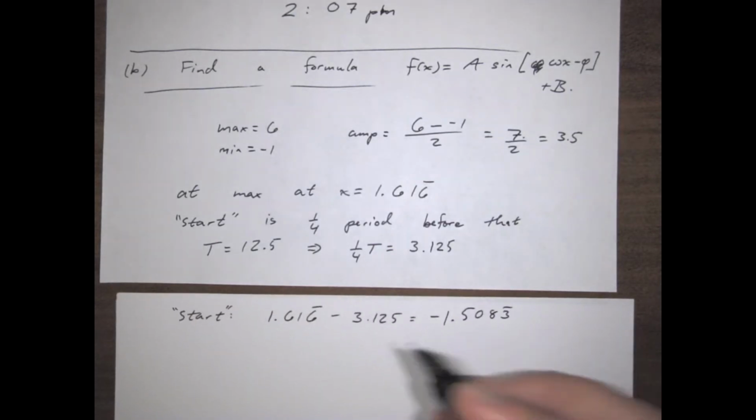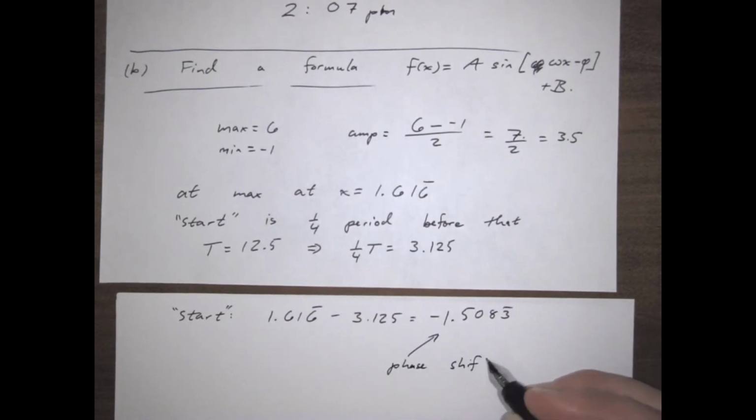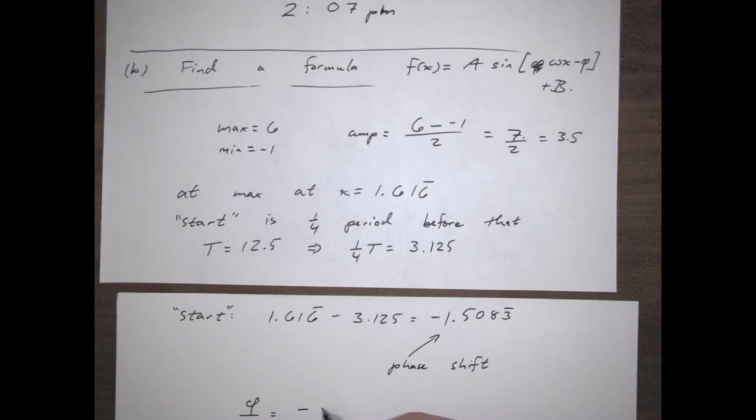So that represents the phase shift, which in turn means that phi over omega equals that.